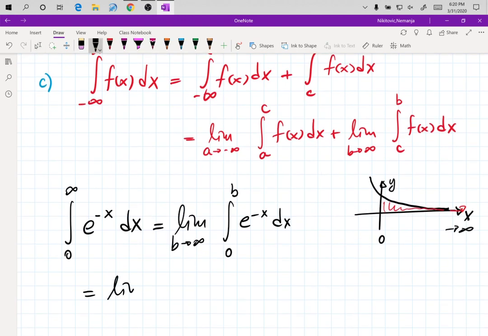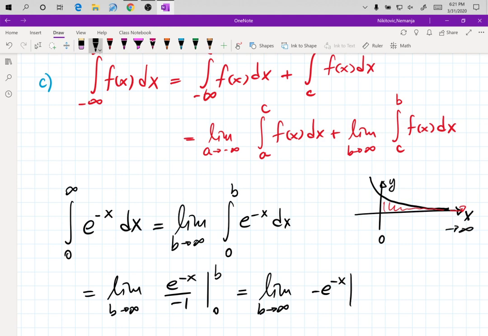So you use your limit, b goes to infinity, and you have e to the negative x over negative 1, right, when you integrate e to the negative x, and you have your 0 to b.